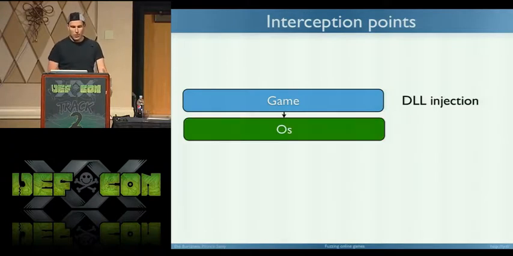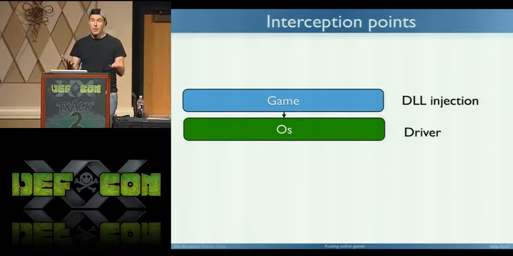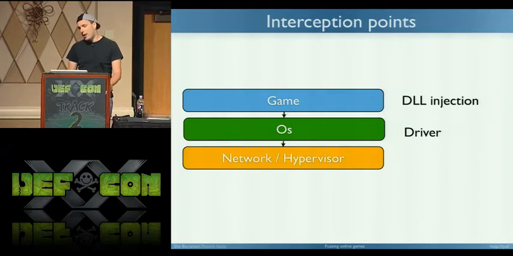The other one is you work at the OS level, where you write a driver, or you use a VM and put your game into the VM, depending on how graphics-intensive your game is, and then you write a driver which intercepts the packets before they leave the box and before they hit the router. Or the last way is to do this interception at the network or the hypervisor, after the packets leave the box.